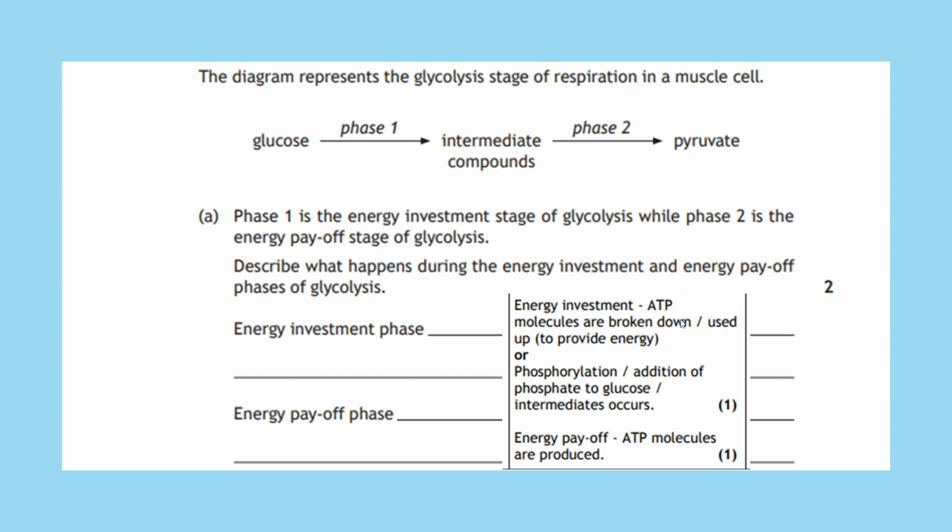Okay. Energy investment, so you're using up the ATP molecule. Then for the energy payoff phase, that's when the ATP is being produced. Okay, you're making a net gain of those ATP molecules.